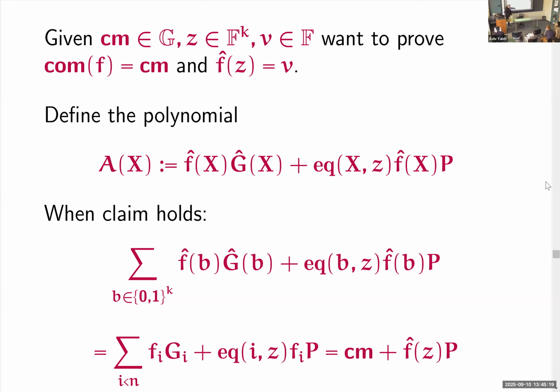And what is the sum of EQ(i, z) f_i? Forget the P for a second. Right, exactly, it's by definition f hat(z). So we're just going to get Cm plus f hat(z) P.